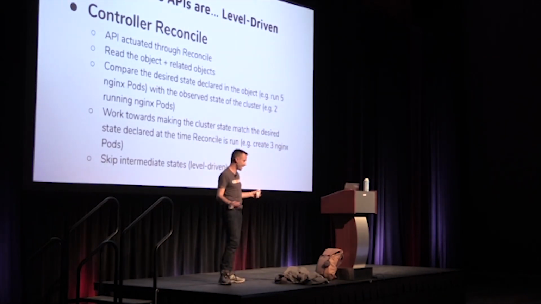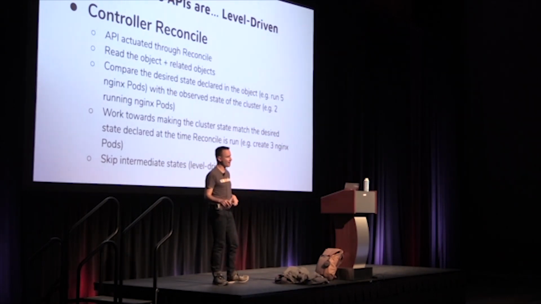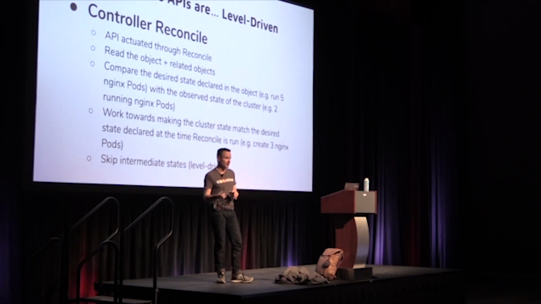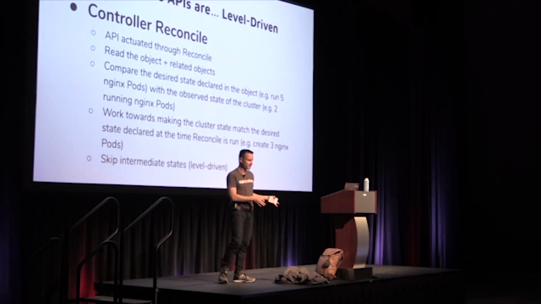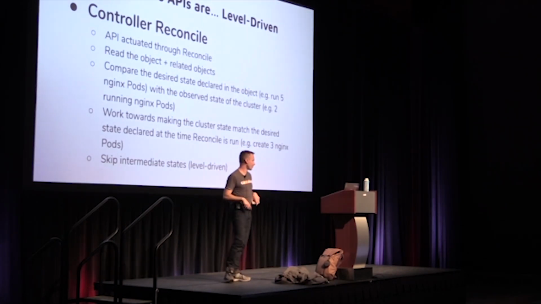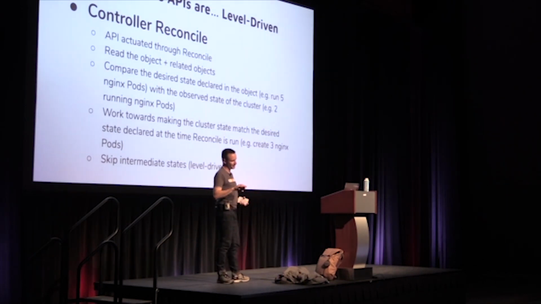Instead, it looks at the entire state, and so maybe there's multiple scaling events and a rollout, and oh, by the way, this bad thing happened, and we need to work around it. And then makes certain decisions to push what the user said they want into the cluster.